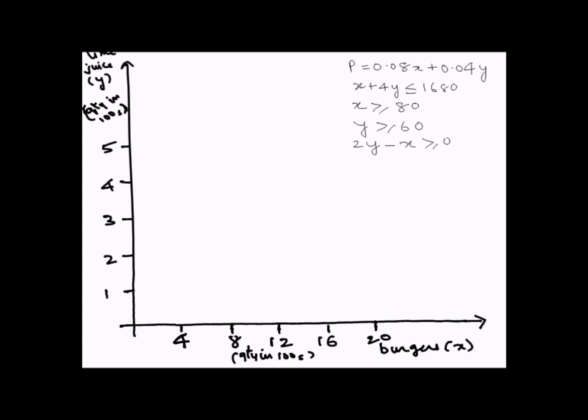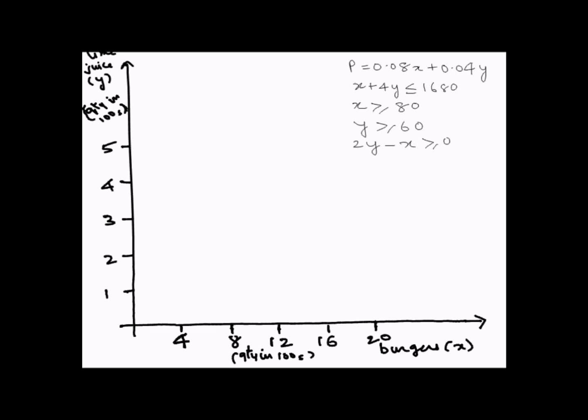As you can see in the graph, I have taken the quantities in hundreds for both axes, and I have ensured that we can plot the maximum intercepts on the x-axis as well as the y-axis in the graph.